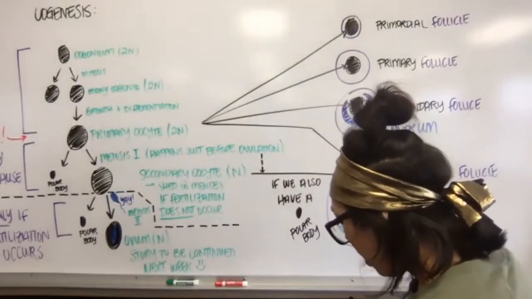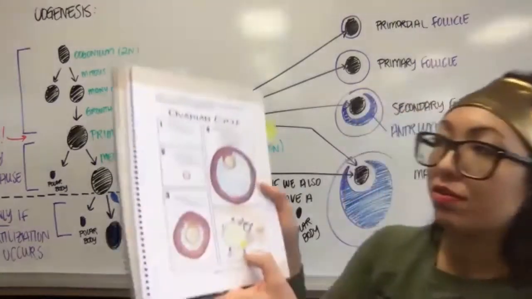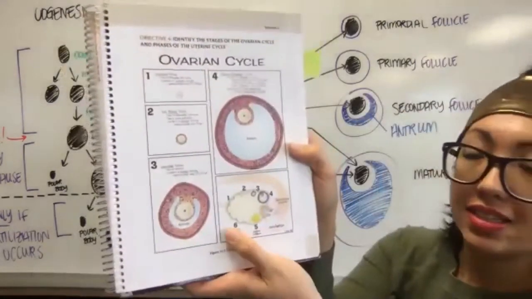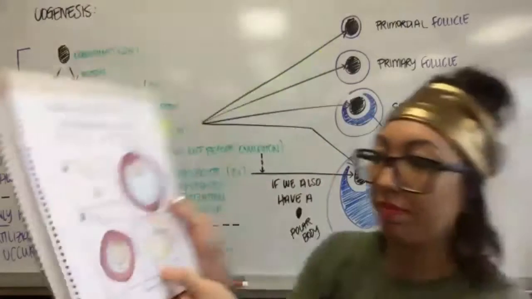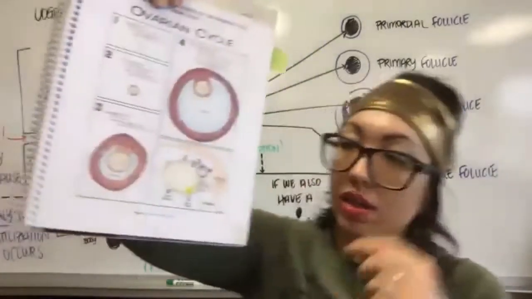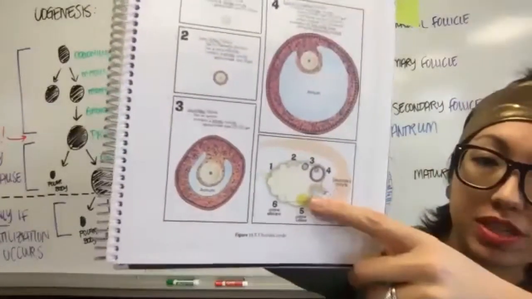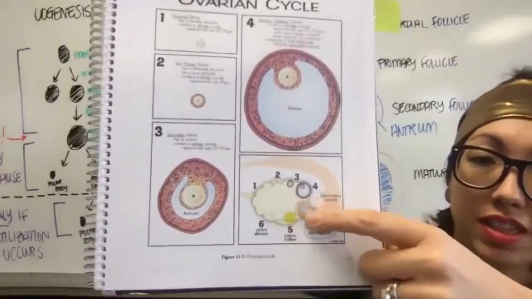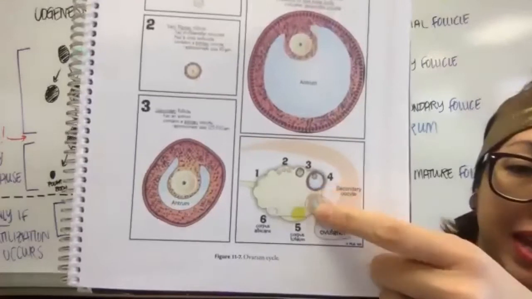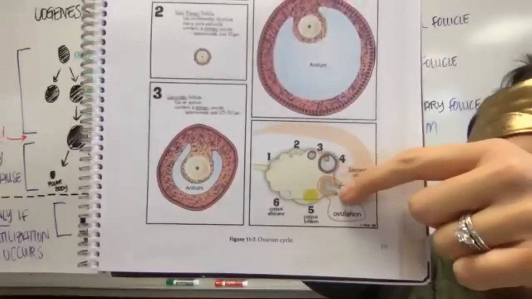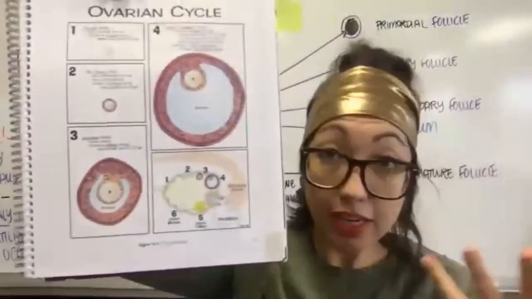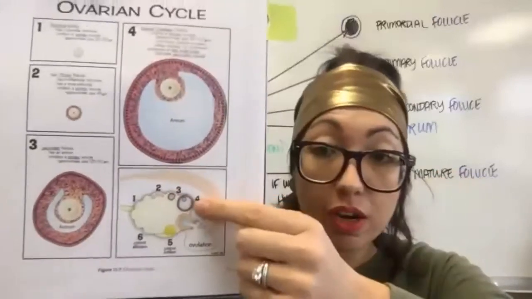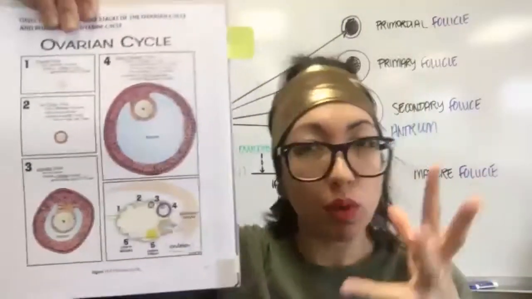So let's now talk about numbers 5 and 6. Number 5 represents the corpus luteum. You see these cells right here, like these beige colored cells? Those are the follicular cells. So here we had the mature follicle. Remember, what is a follicle?